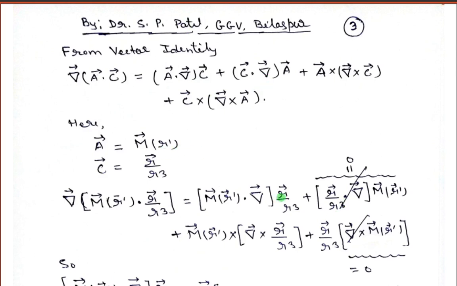So (r vector upon r cube dot del) acts on vector A, that is capital M, which is a function of r prime, plus A cross (del cross c).